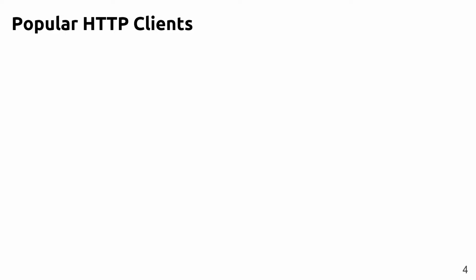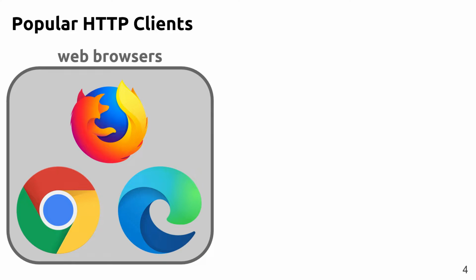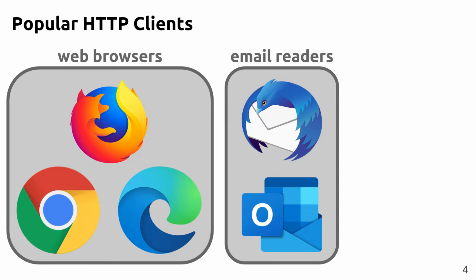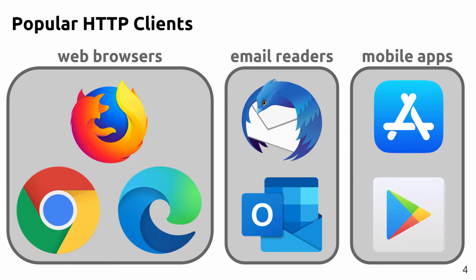So what is now an HTTP client, respectively a user agent? Well, there are three very popular classes of them. Web browsers, which access websites, email readers, which access websites embedded into emails, and mobile apps, which access websites and web APIs to offload data processing.